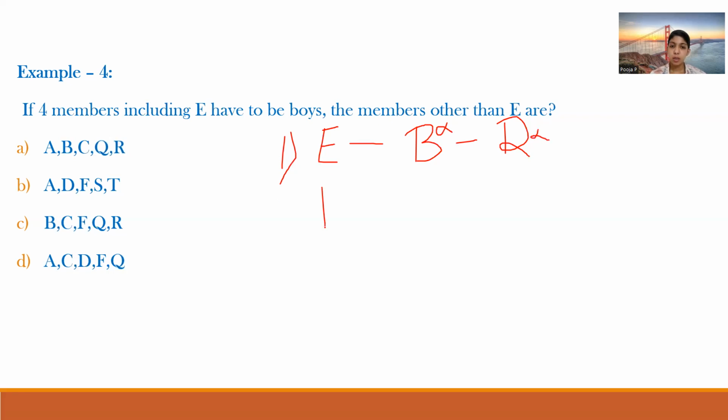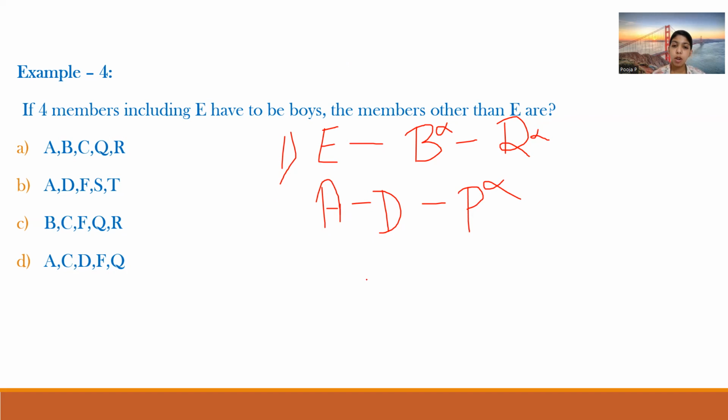Right. So the next option you have for boys is A. So if you choose A, then you have D. If you have D, it also means P cannot come. They never go together. So you have 1, 2, and 3. 3 boys are done. 3 out of 6 and again 3 out of 4 also.